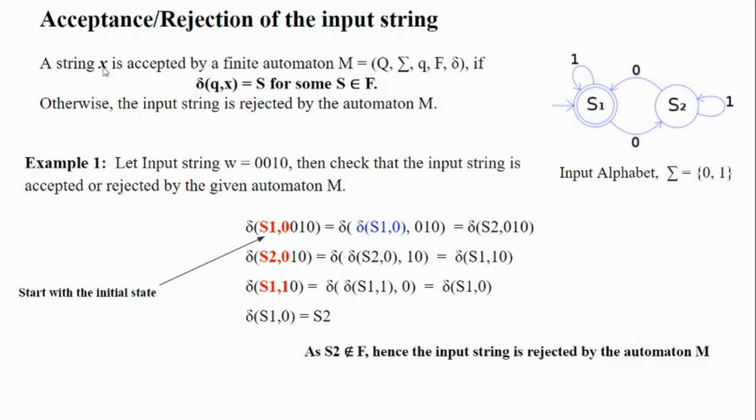So if X is the input string and q0 is the initial state, then applying the transition function to the initial state and the input string, if you get a state S which is a final state, only then will you say that X is accepted, otherwise we will say that the input string is rejected by the automaton.